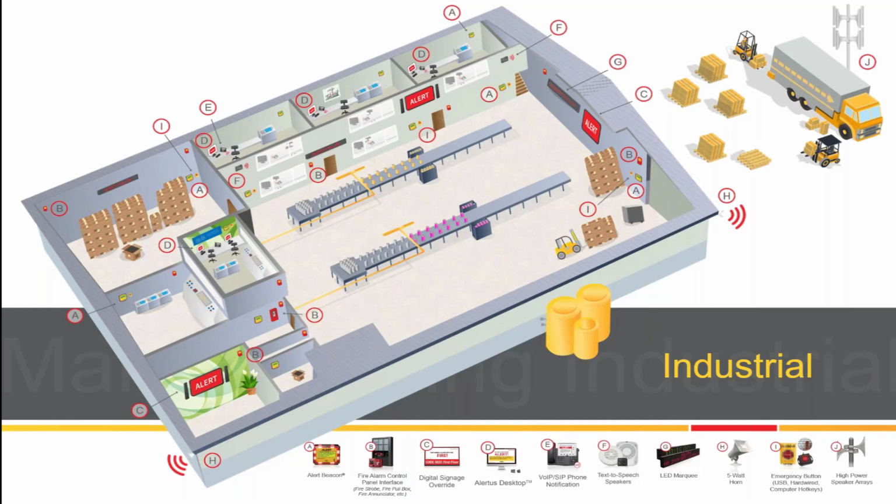We have large open areas, we have the office spaces, we have smaller confined stairways and bathroom areas, all areas that need to be covered. And if individuals are in those areas, they need to be able to be reached. We need to be able to notify them in the event of these emergency situations.